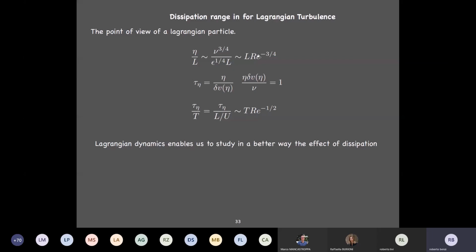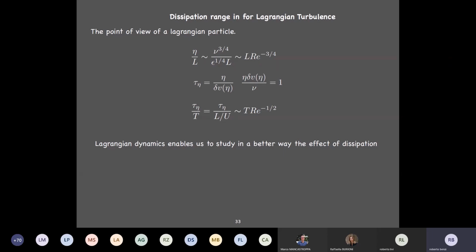So by looking at this difference, you see that when you look at the turbulence from the point of view of time, you are blowing up, you are increasing the effect of dissipation in the statistical properties of turbulence.